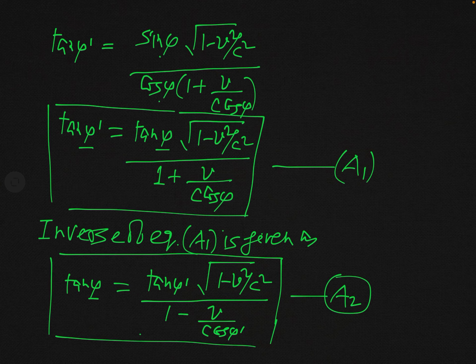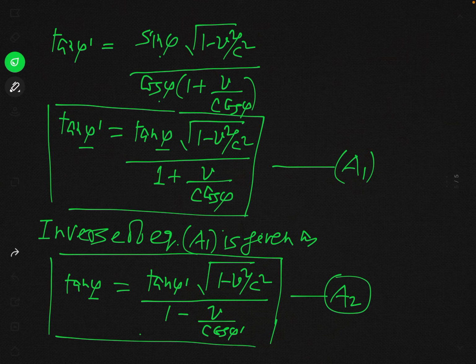And these phi and phi prime are actually not equal. And so if these two are not equal, it means there is an apparent change in the direction of propagation of light ray, and due to the relative motion. You can easily see if there will be not a relative motion between the source and the observer, then these two angles will be same.